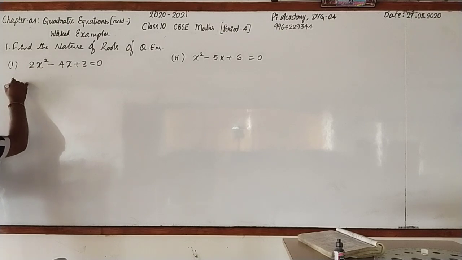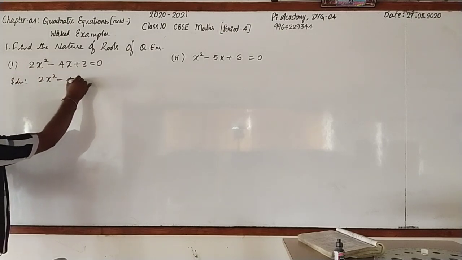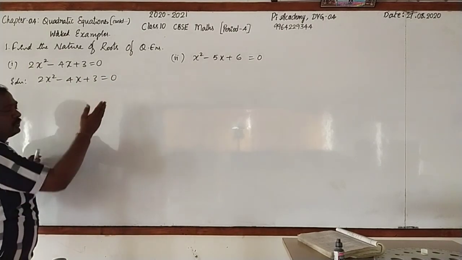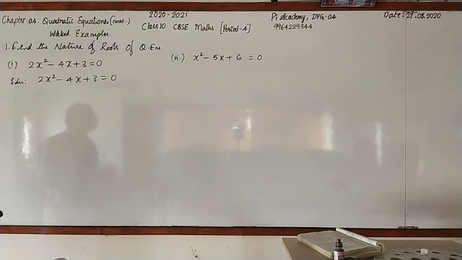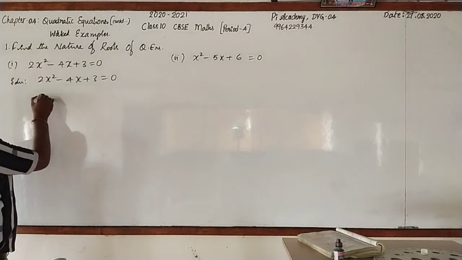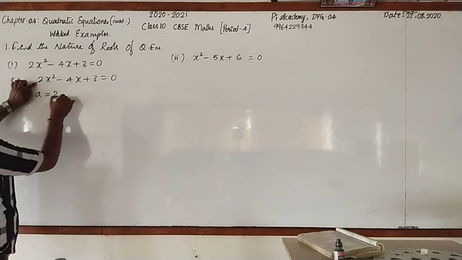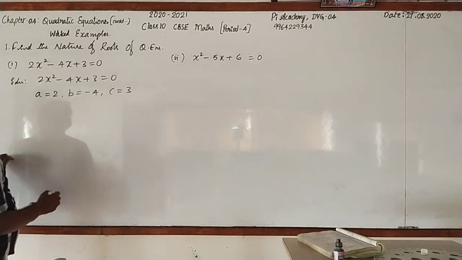First one, it is 2x square minus 4x plus 3 equal to 0 is the given equation. It is also in standard form. We have to find out the nature of roots of the quadratic equation. First we should find out the coefficients. Coefficients are a is 2, b is minus 4, in place of c, 3 is there.